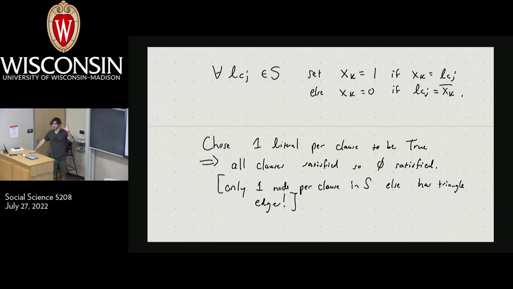Because we put triangles for each clause, we can only pick one of those nodes to be in the independent set per clause. And so if we have M of them, we know each of the M is in a distinct clause.